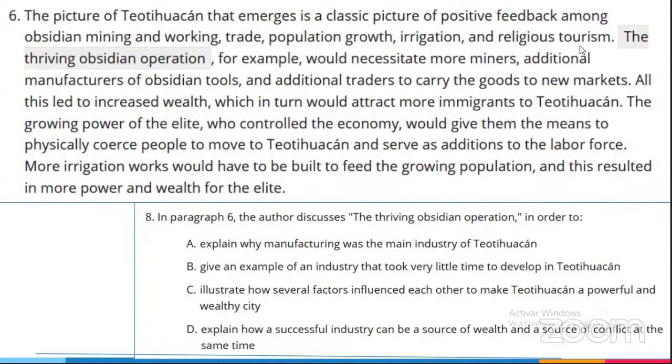B. Give an example of an industry that took very little time to develop in Teotihuacan. C. Illustrate how several factors influence each other to make Teotihuacan a powerful and wealthy city. D. Explain how a successful industry can be a source of wealth and a source of conflict at the same time.